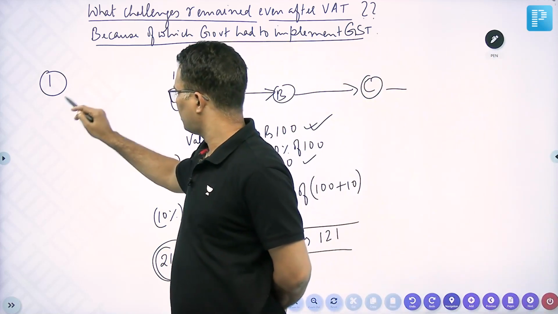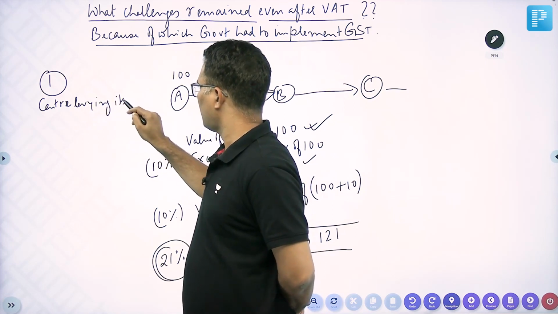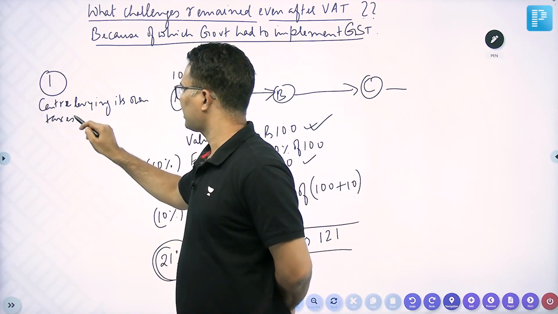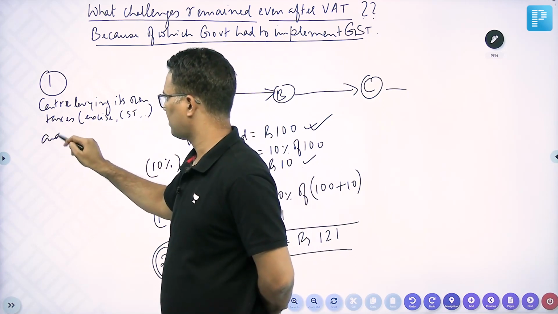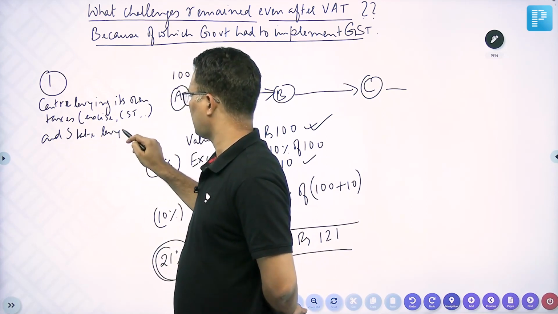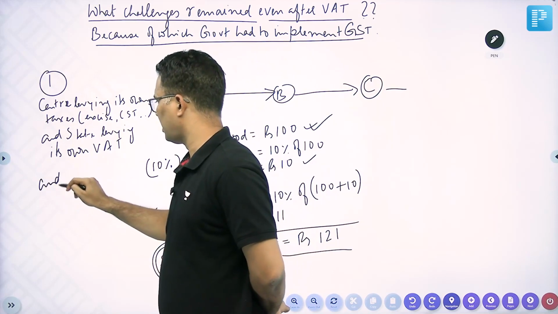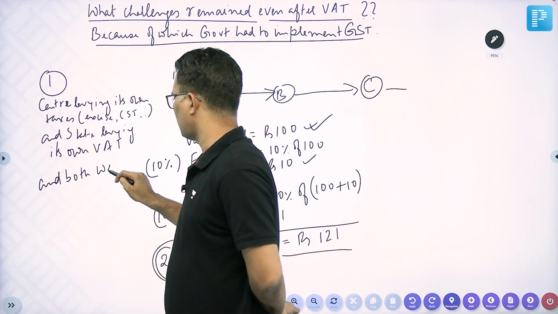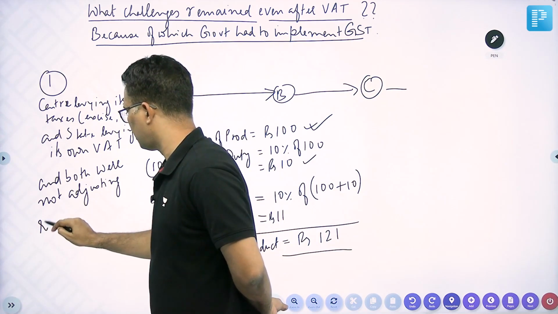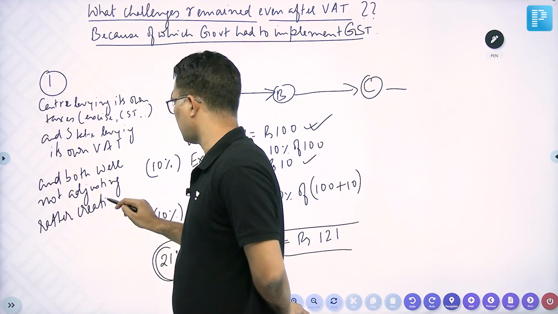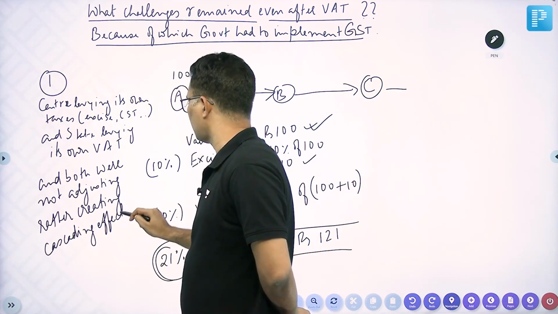So the first challenge was the center levying its own taxes, excise, CST, and the state levying its own VAT, and both were not adjusting, rather creating a cascading effect, right?